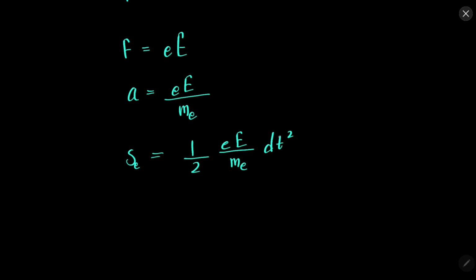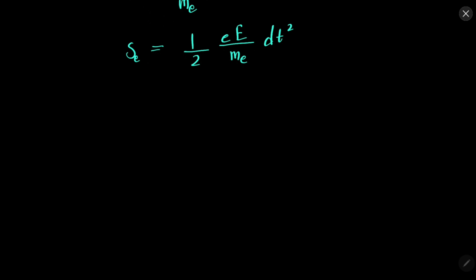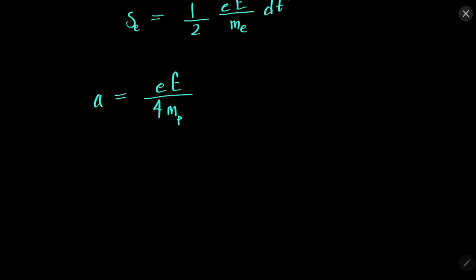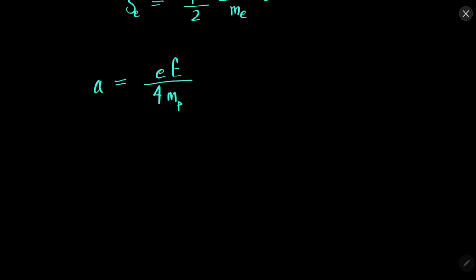So small time interval dt square. Similarly, for positive ion, acceleration will be E over 4 into mass of protons, because in positive ions we have this much mass, this many particles.